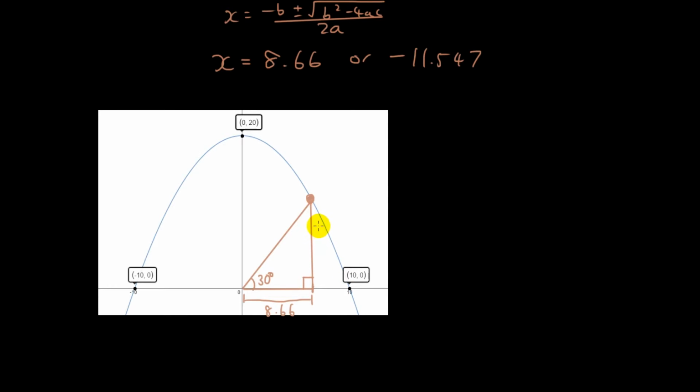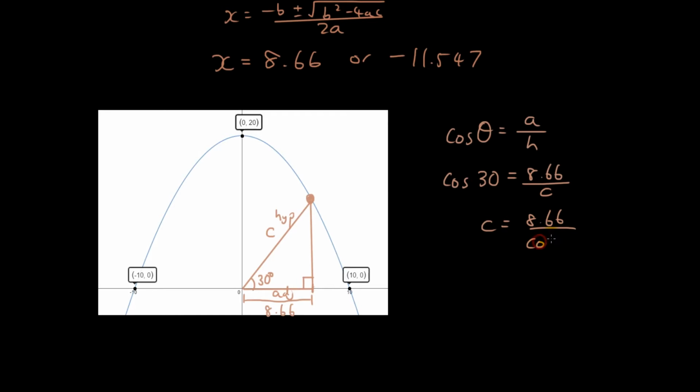So we just need to figure out the length of this line. Let's call it C. So now we use another trigonometric ratio. Since this is the angle, this is the adjacent, this is the hypotenuse, so we use cosine theta equals A over H. Cosine 30 equals 8.66 over C. So C equals 8.66 divided by cosine 30.